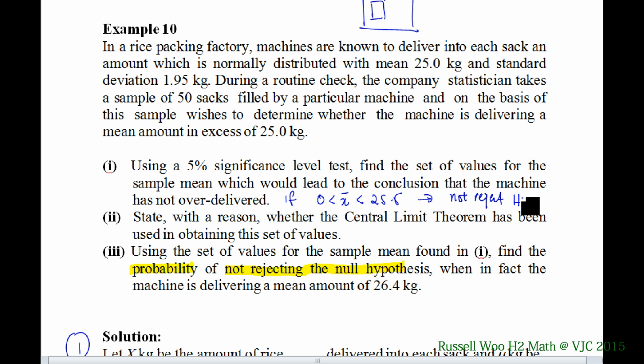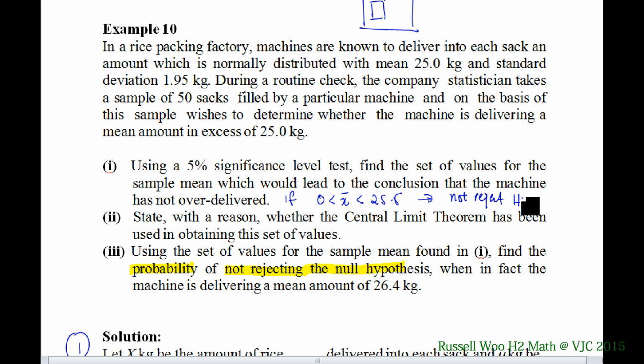But in part 3, you're asking the same thing. This time you want to find the probability of not rejecting H naught, which means you want to find the probability of this happening. In part 1 you found that if this is like that, you do not reject H naught. But now in part 3, you want to find the probability that the sample mean is between 0 and 25. You are given one additional information.